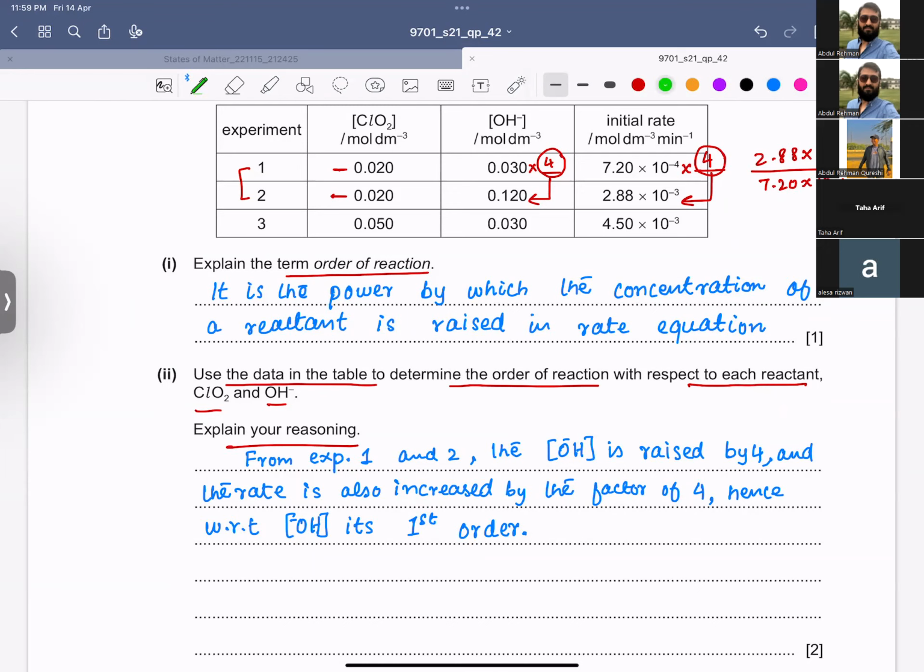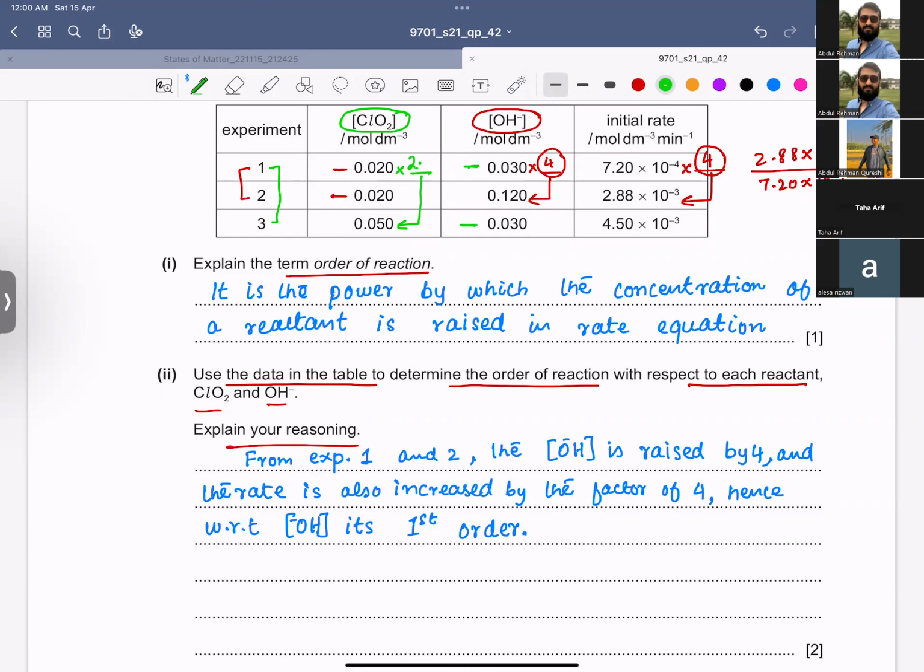Here we took the hydroxide ion concentration into account. Now, if I take the ClO2 concentration into account, I can use experiments 1 and 3, because in experiments 1 and 3 the concentration of hydroxide is the same, and there is an increase in the concentration of ClO2.